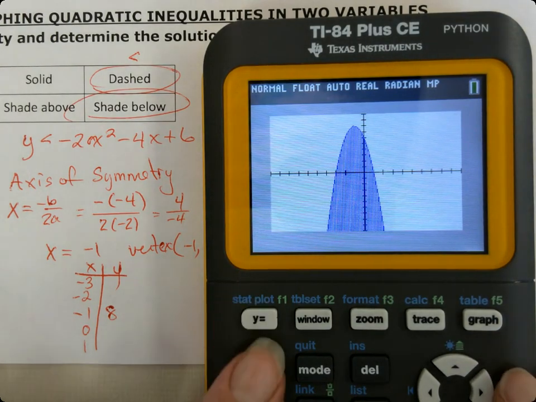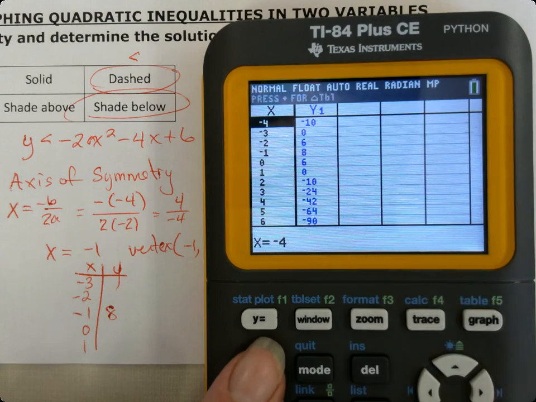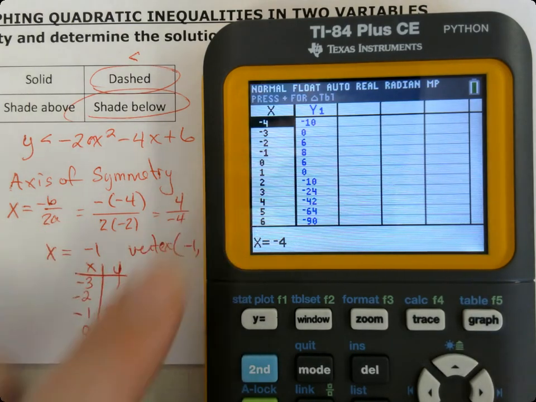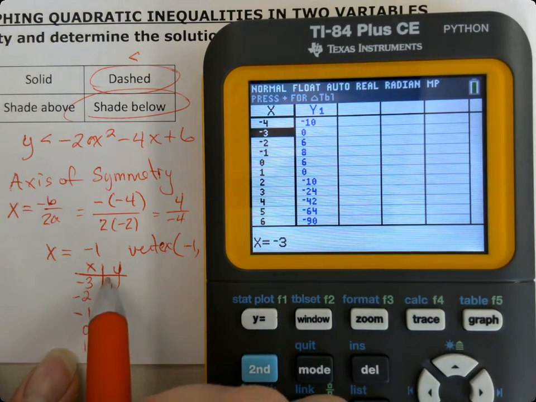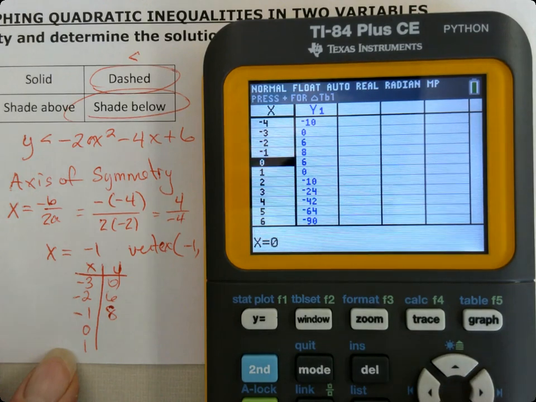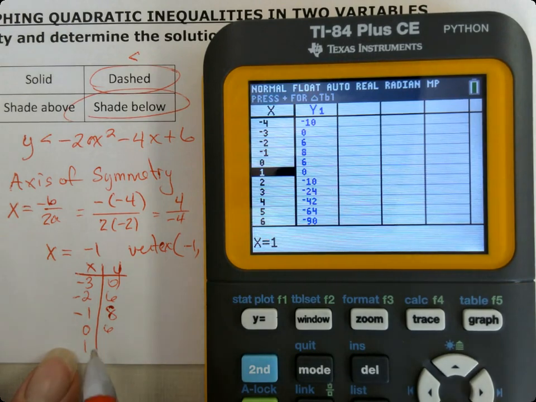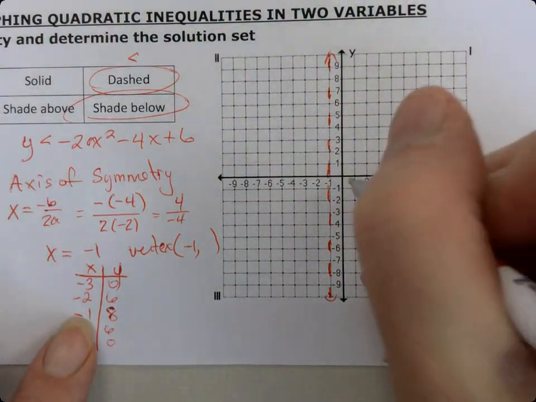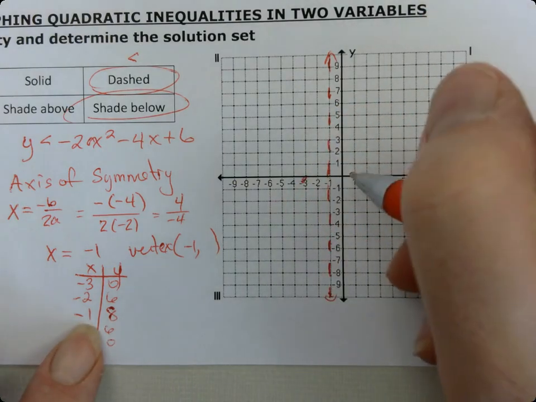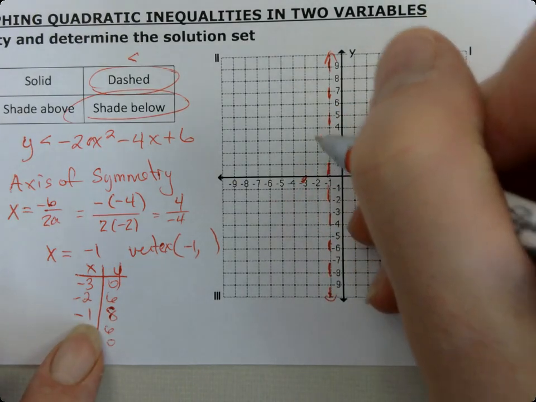Now, the other thing you could do is go to your table, and you could pull the values from here. So -1 is 8, -2 is 6, -3 is 0. And then we can go to our other points of 0, 6, double check that we got our vertex, and 1, 0. Okay, so plot your points at -3, 0, -2, 6.